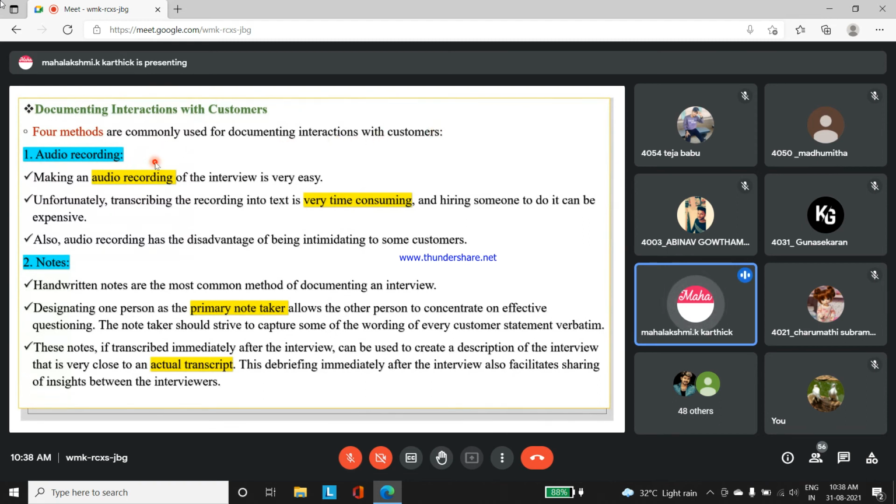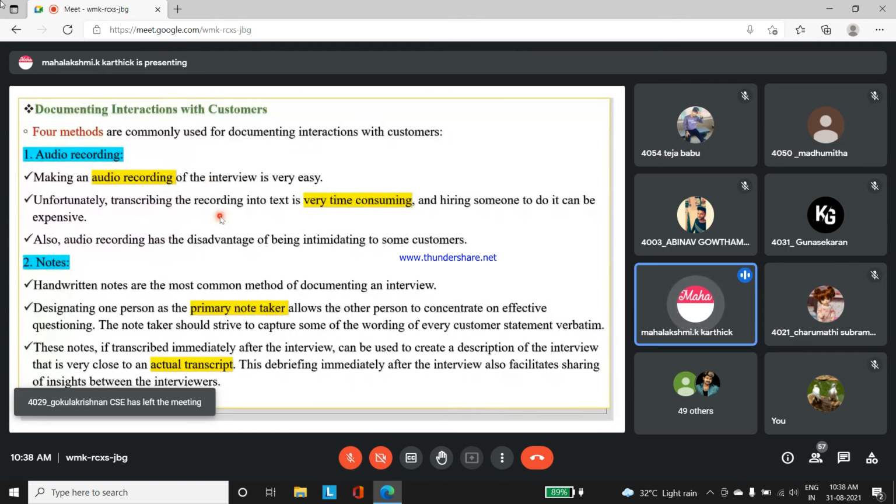First one is audio recording. On those days, making an audio recording of an interview was very easy because all the points cannot be noted. So they do some audio recording. After the interview is over between the customer and the interviewer, they will sit and analyze the audio recording.